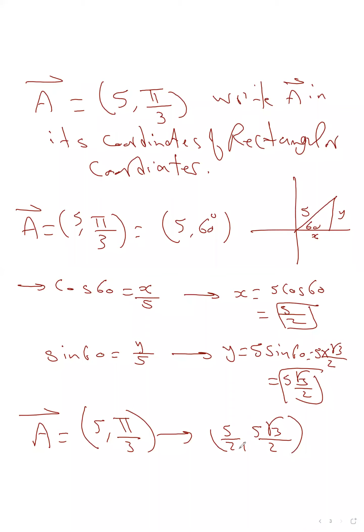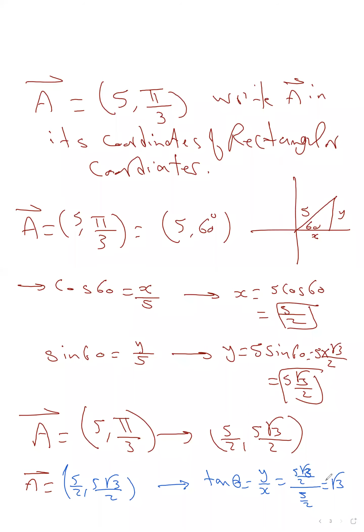And the reverse: if A equals (5 over 2, 5 root 3 over 2), you can find the angle. You can say tan theta equals y over x, which is 5 root 3 over 2 divided by 5 over 2, so root 3. Theta equals tan inverse of root 3, which is 60 degrees.